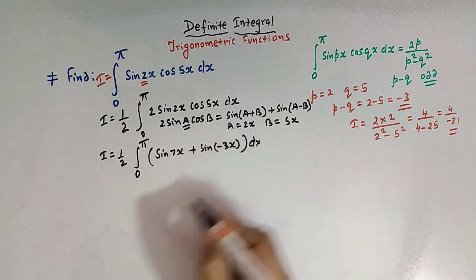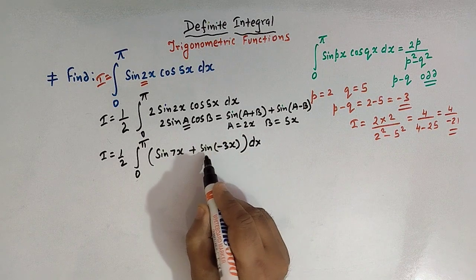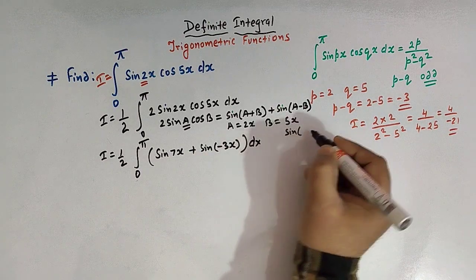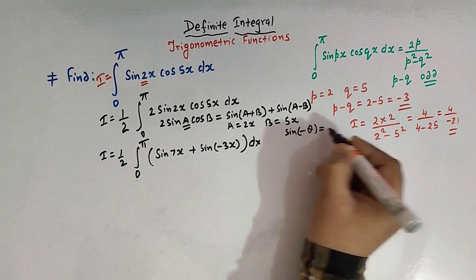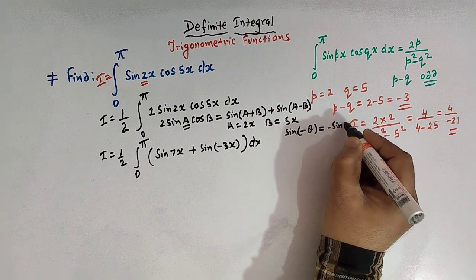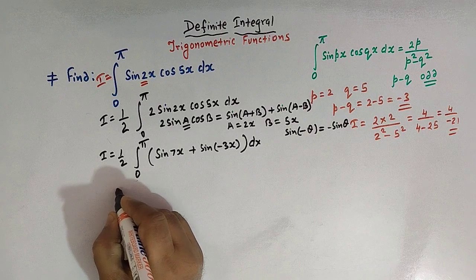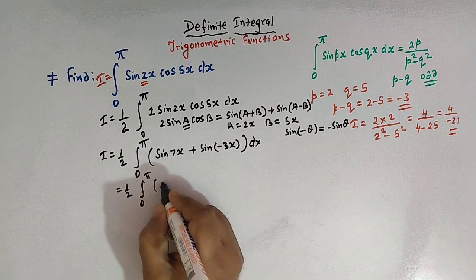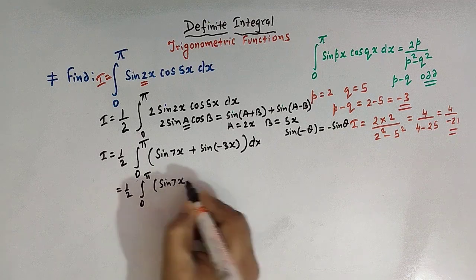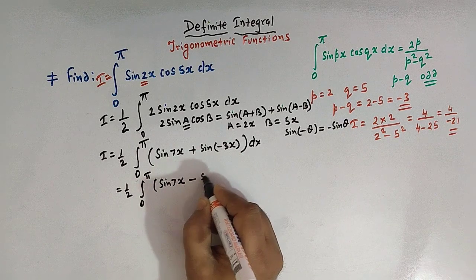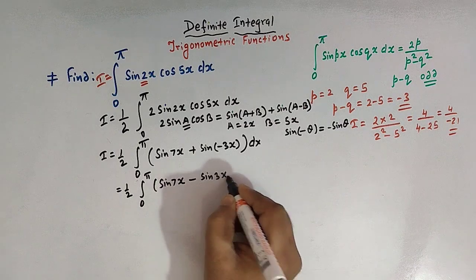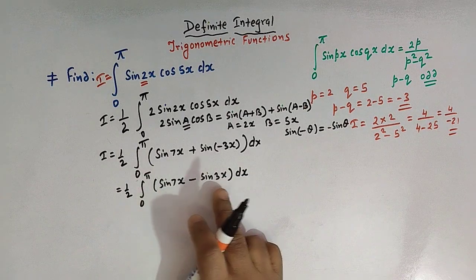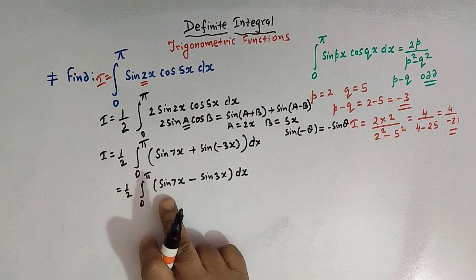Now we have the term sine of minus 3x. From trigonometry we know that sine of minus theta is minus sine theta. So now we can write half, integral from 0 to pi, sine of 7x minus sine 3x. Now we have the difference of two integrals.